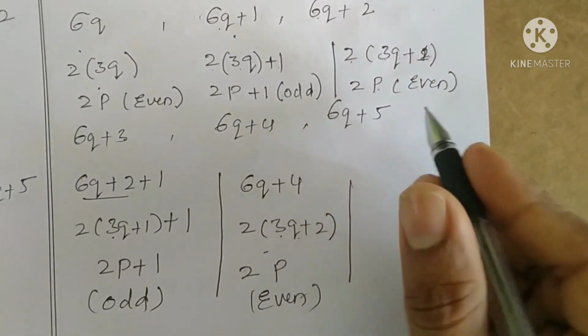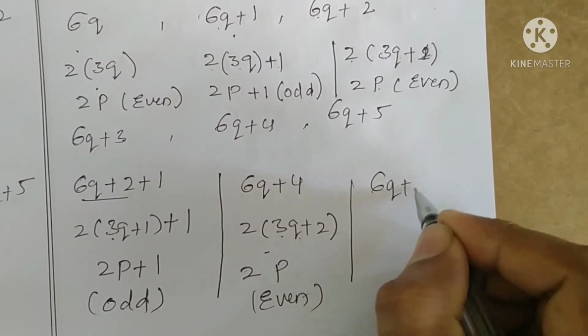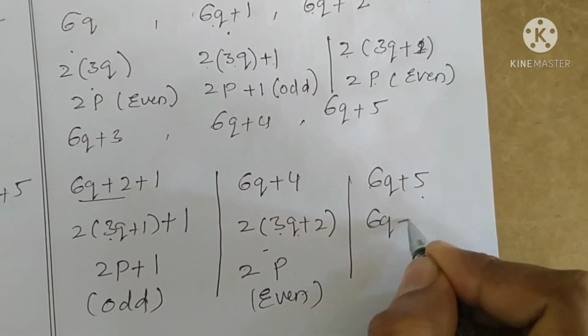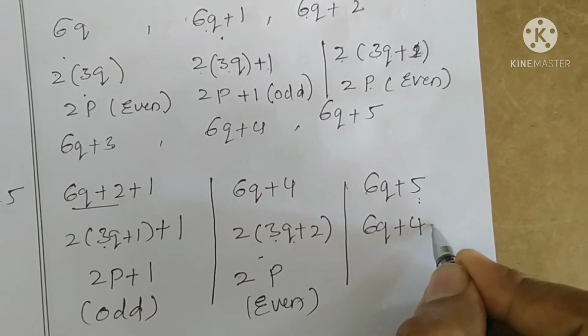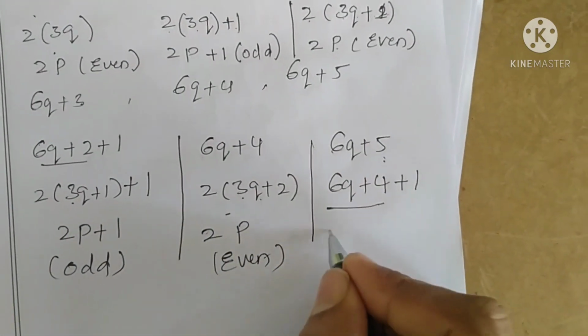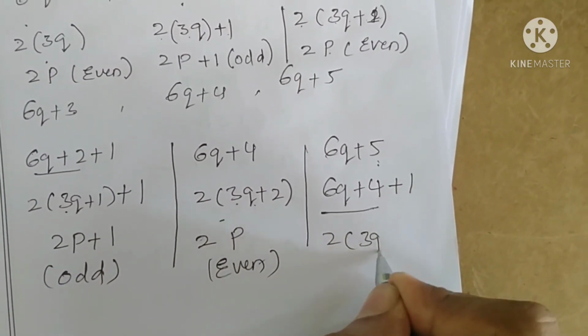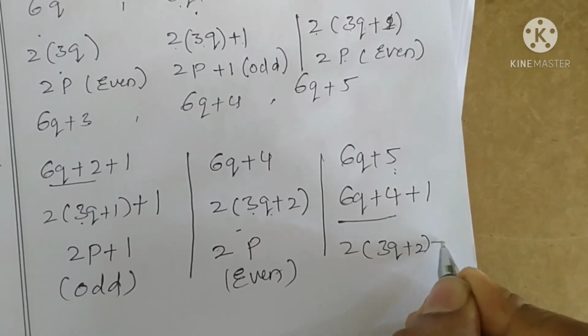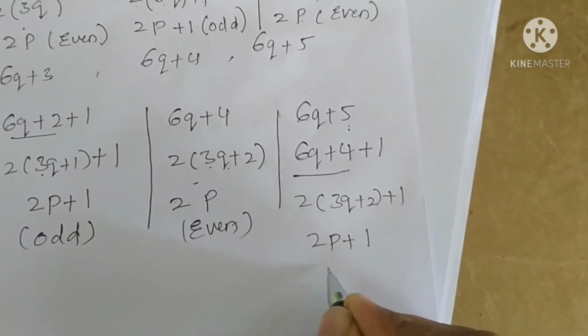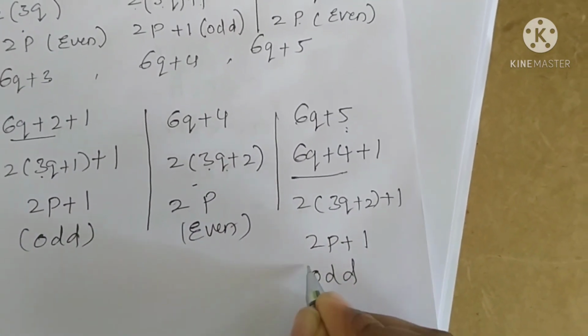Next one, 6q plus 5. Split it into 2 terms, 6q plus 5 means 4 plus 1. In these 2 terms 2 is common. The remaining terms are 3q plus 2, plus 1. So it is of the form 2p plus 1. So it is an odd series, right?